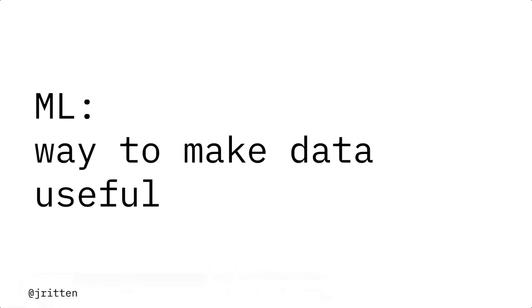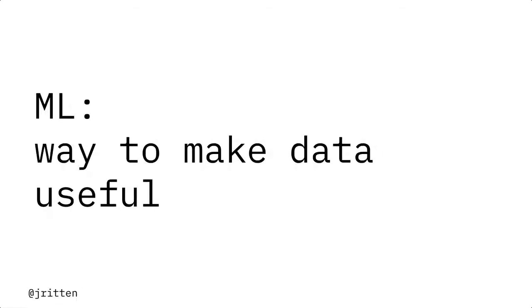So machine learning is a really great way to make data useful to you. Let's say you have a lot of data, geographic data for instance, and you are a developer and you want to build some sort of application that does something with the geographic data. You can decide what inferences you want to pull out of this data, what you want to explore about the data.